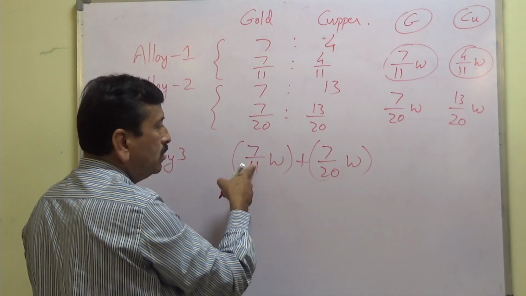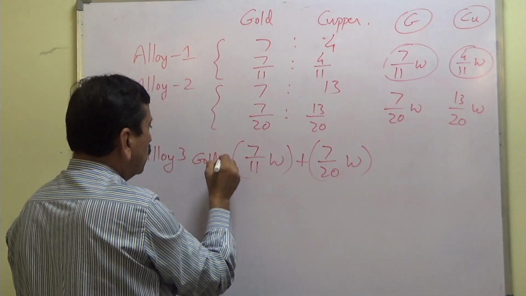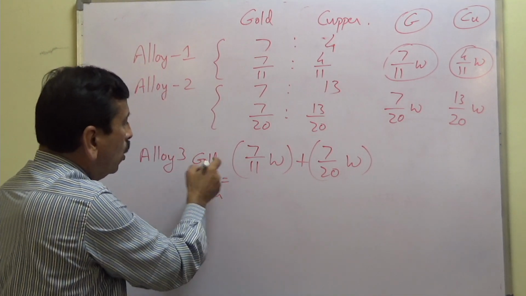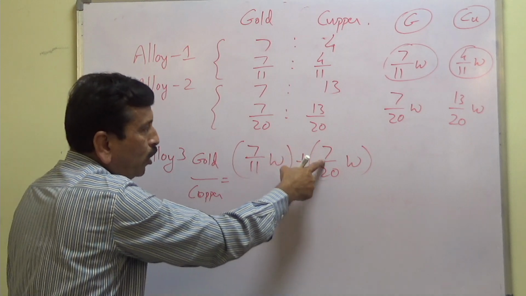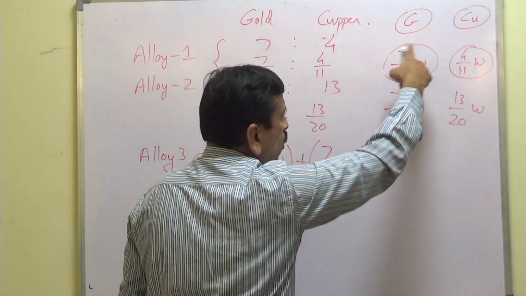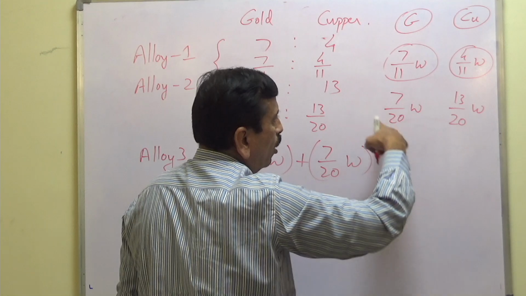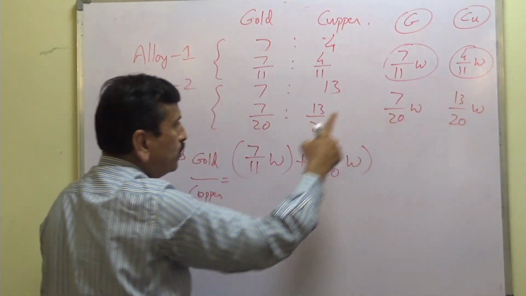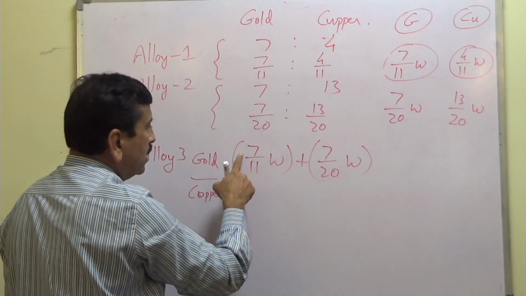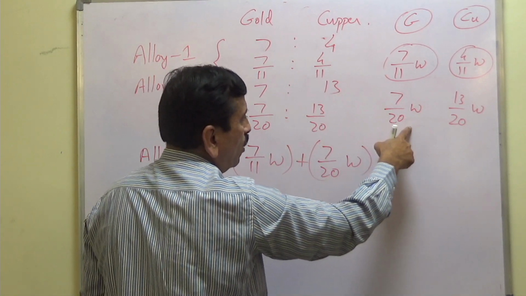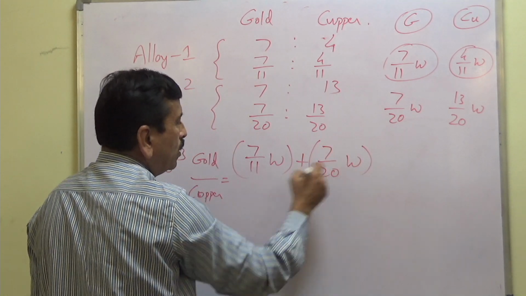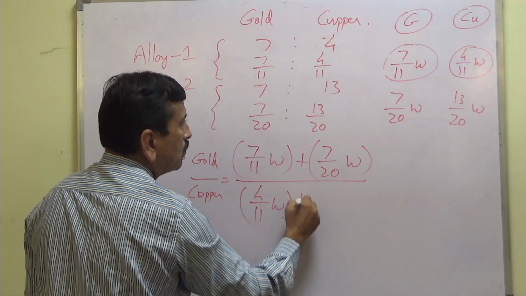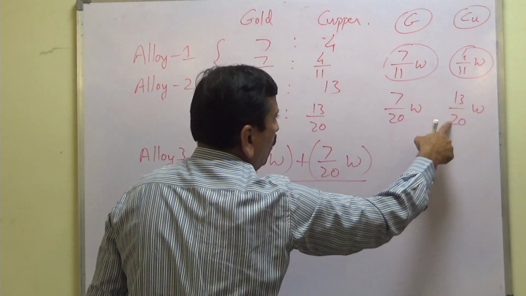So this will be the total gold upon copper. Gold is coming from alloy 1 and alloy 2. This is the gold from alloy 1 and this is the gold from alloy 2. This is the copper from alloy 1 and this is the copper from alloy 2. So gold coming from alloy 1 is 7 by 11 W. Gold coming from alloy 2 is 7 by 20 W, upon copper coming from alloy 1, 4 by 11 W, and copper coming from alloy 2.